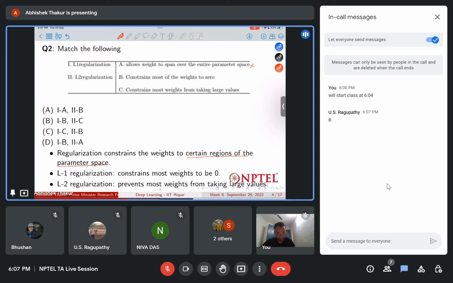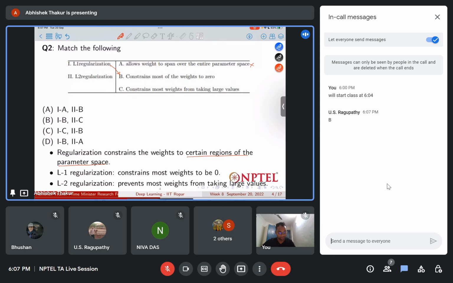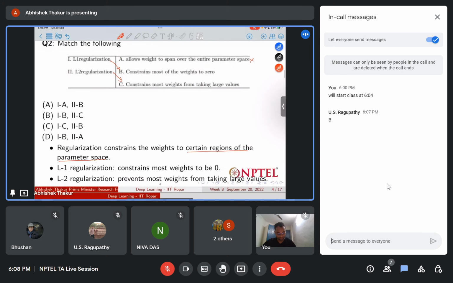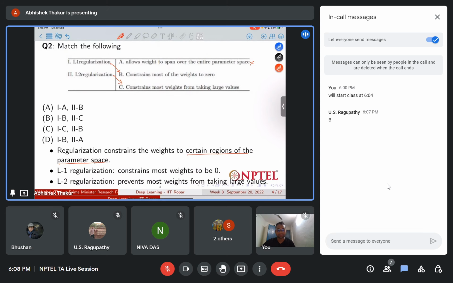Yes, this is correct for L1 regularization, so 1 is matching with B. Now coming to 2, option A is wrong for both of them. Now C, prevents most weights from taking large values. This is done using L2 regularization. So 1-B and 2-C is the correct option for this question. So option B is correct. Now we'll move on to the next question. If you have any doubt, you can ask.